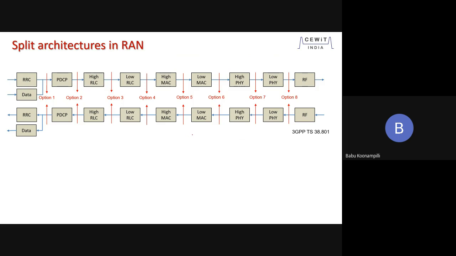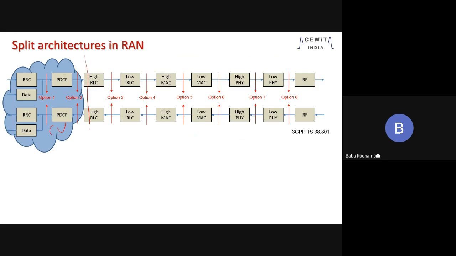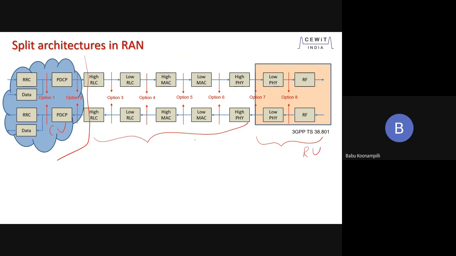Finally, what they have mostly recommended is one option where the CU is here, right from option 2 onwards, and you have something called an RU, which is this part. Low PHY and RF becomes your RU, and the rest of it becomes the DU. That is more or less what has been arrived at, but it doesn't stop others from using other options.